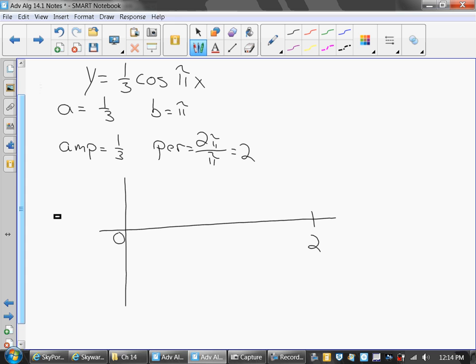There's 2, there's 0. I'll break it up. What's halfway between 0 and 2? 1. What's halfway between 1 and 0? 2/3 is in there somewhere too, but I'm looking for halfway.